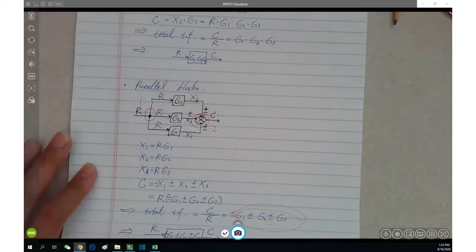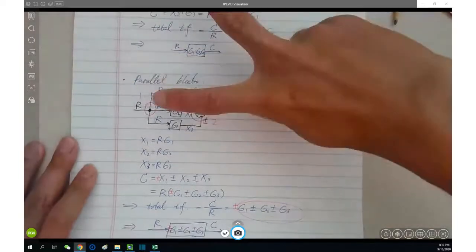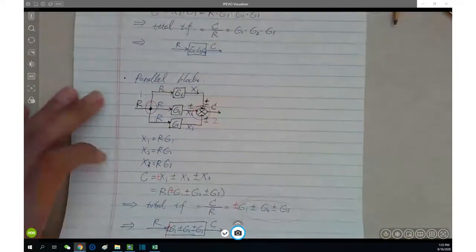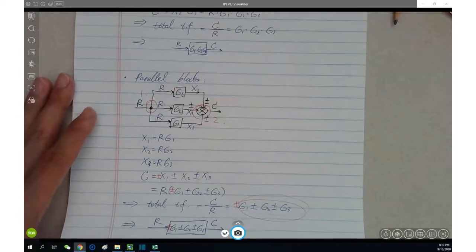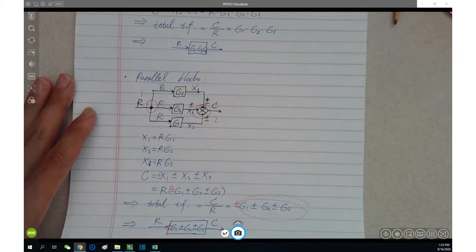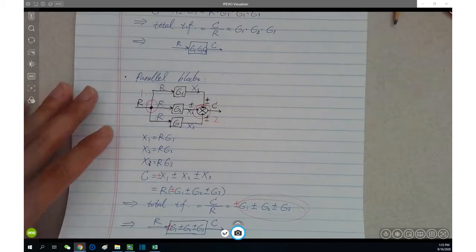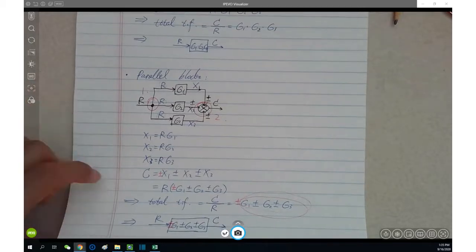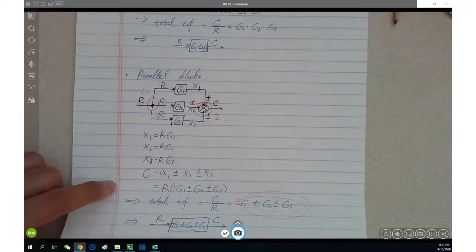I would say only two categories, just like the connection in a circuit, right? Either series or parallel. Oh, I see. That's fine.